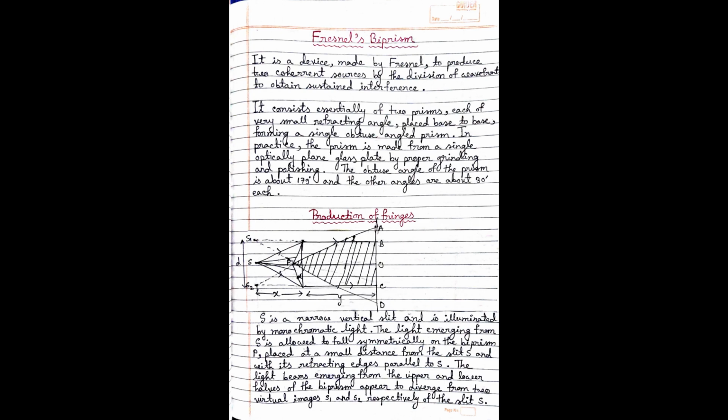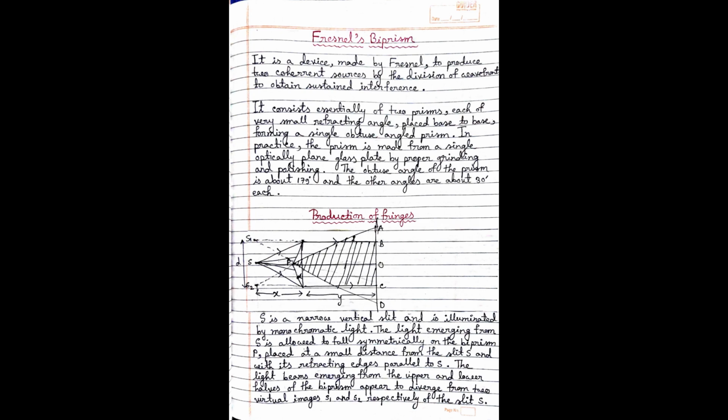The device is made by Fresnel and it is an example of interference by division of wavefront. In practice, the obtuse angle is taken as 179 degrees and the prism is made from a single optically plane glass plate by proper grinding and polishing. Here you can see the diagram.